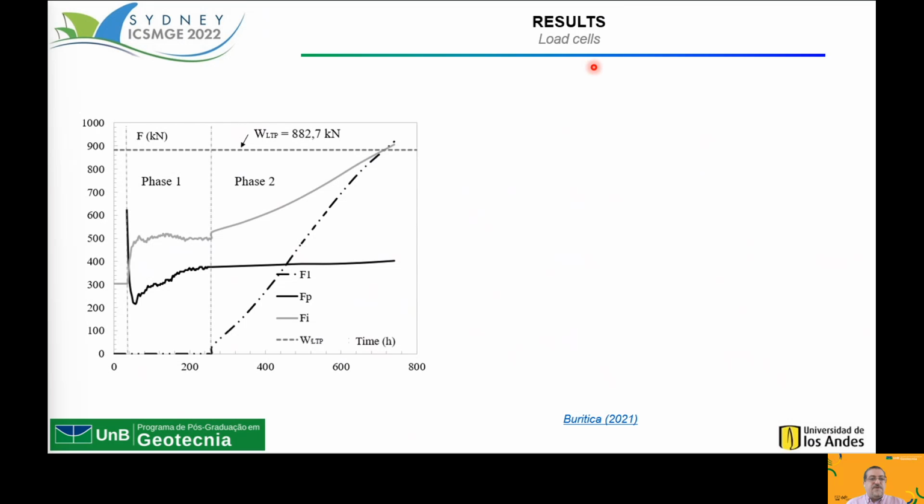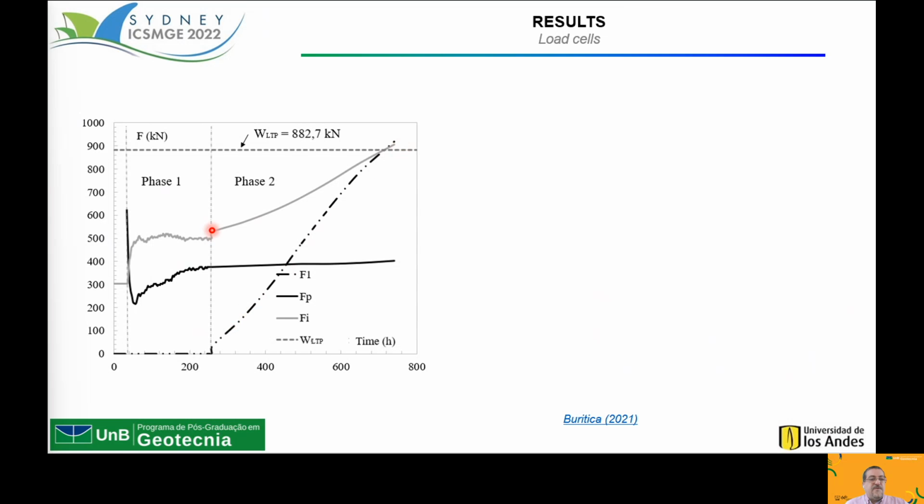Here are some of the results, from the load cells. Here is the initial phase, phase 1, and phase 2. Here we can see the load development at the lower plate, and here we can see the total load development at the rigid inclusions. And here we can see the application of the external load.